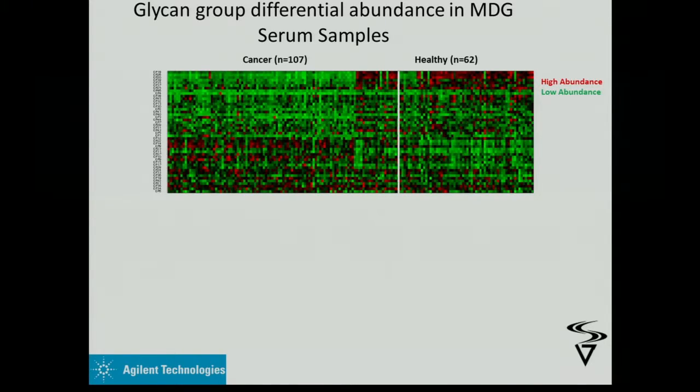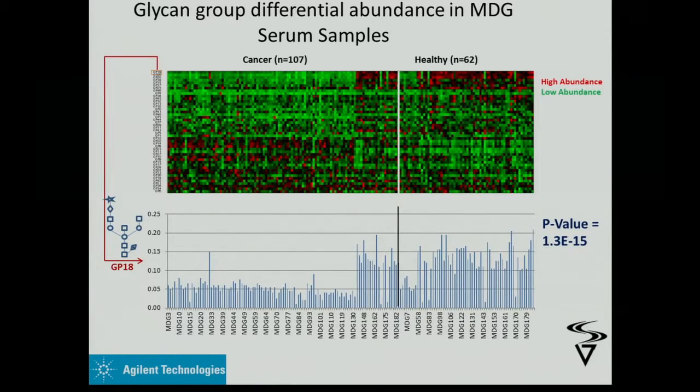Okay? And you can see that there is a reasonably good separation of cancer from normal using the serum glycans. It's not as good as we see with gene expression or with microRNAs, but reasonably good. The top sugar group separating the two classes here is this group 18, and this is the profile for this particular group 18, where the right-hand side are the healthy, and this is the patients with cancer in this case.